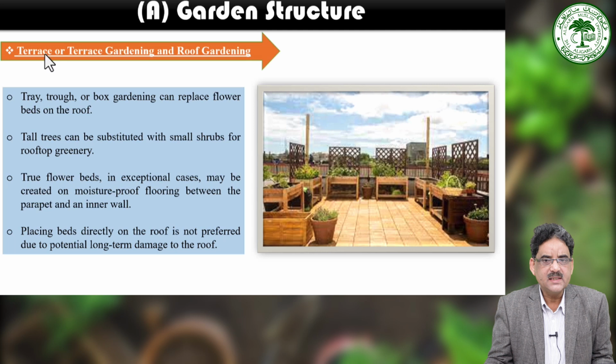Furthermore, to replace the traditional flower beds on rooftops, one can opt for tray, trough, or box gardening. Instead of tall trees, small shrubs can be utilized to introduce greenery to the rooftop spaces. In exceptional cases, genuine flower beds may be established on moisture proof flooring situated between the parapet and an inner wall.